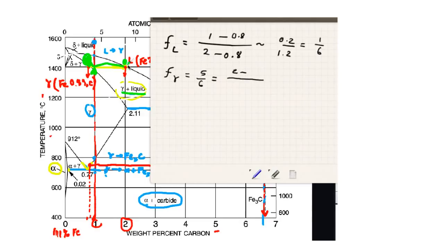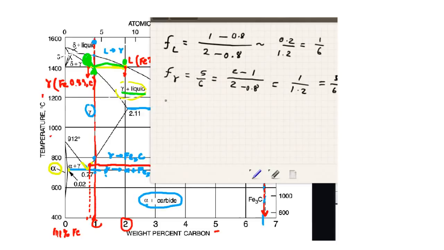So the top is 2% minus 1%, divided by the whole length, 2% minus 0.8%. That's equal to 1 over 1.2, which is exactly 5/6. So the fraction of gamma is 5/6. The fraction of liquid is 1/6.